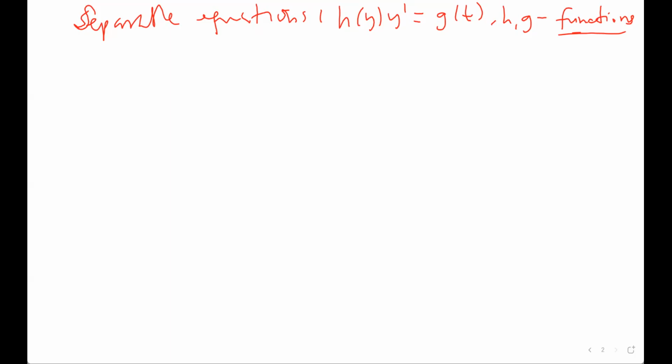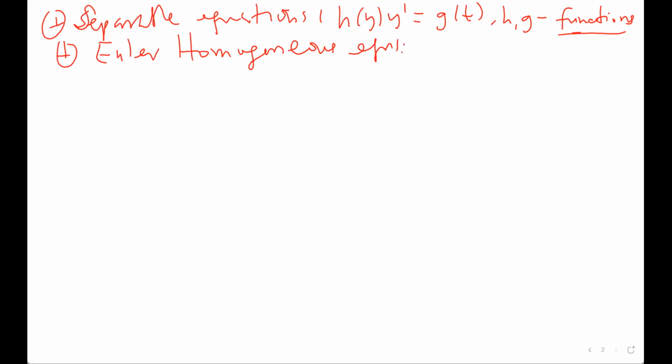Then after that, we also studied the Euler homogeneous equations. We said that sometimes the equation is not separable, but it can be transformed into a separable equation. It takes non-separable equations and makes them separable.